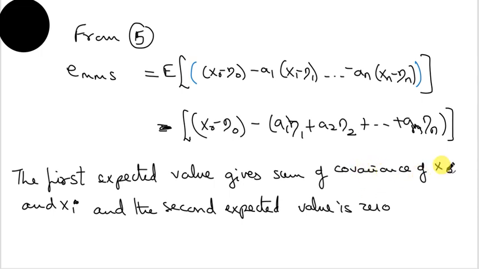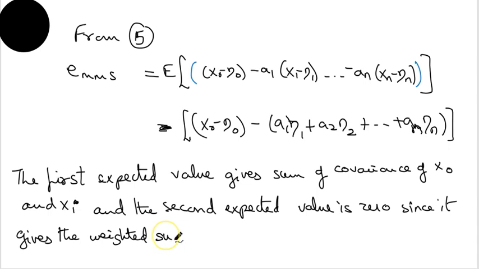Why does this become 0? Since it gives the weighted sum of the central moments of all our xi's.